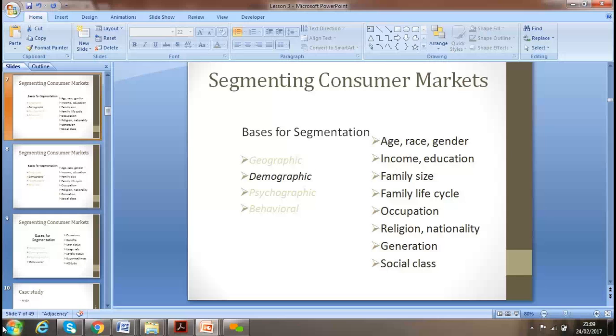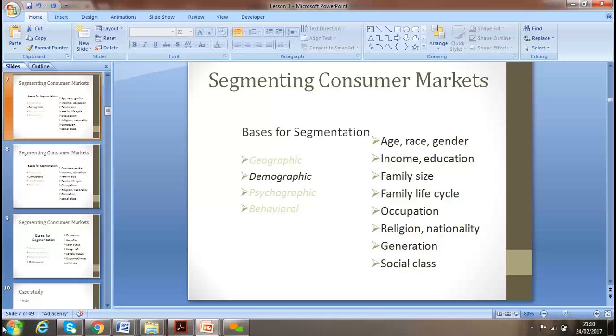Like some luxury rooms, some big hotels, their small rooms, double bed rooms, we segment according to income and family size.